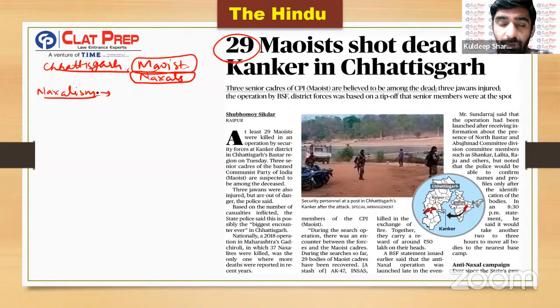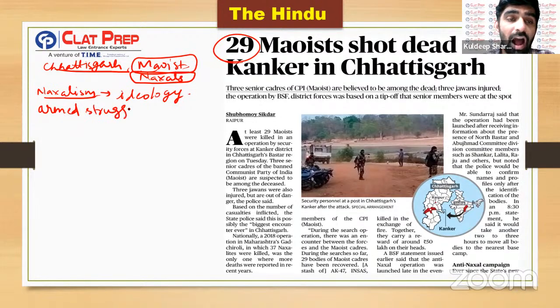Naxalism is the Indian version of Maoism. So Maoism or Naxalism is one and the same thing for us, for understanding. Naxalism basically means an ideology which believes in armed struggle against the government.